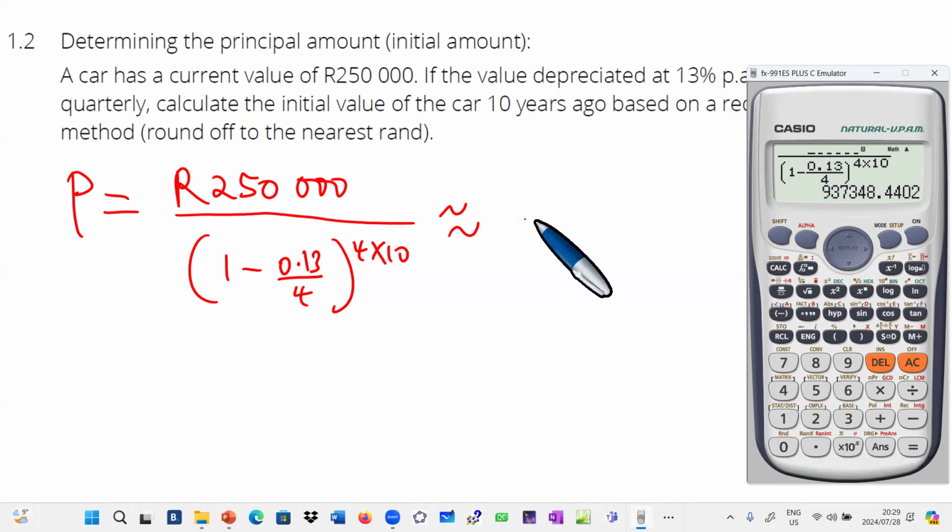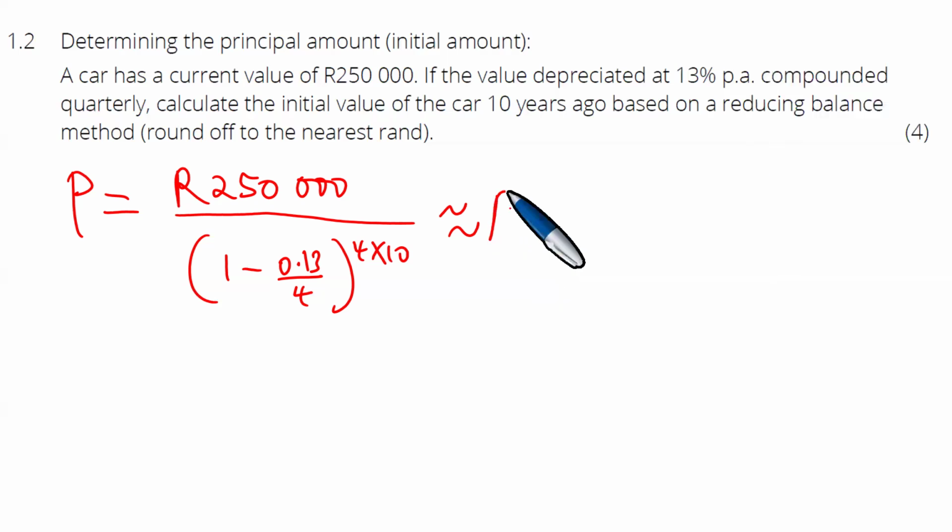So that's exactly the amount. So we're getting 937,348 to the nearest rand. Right, so we have been actually able to obtain the actual principal.